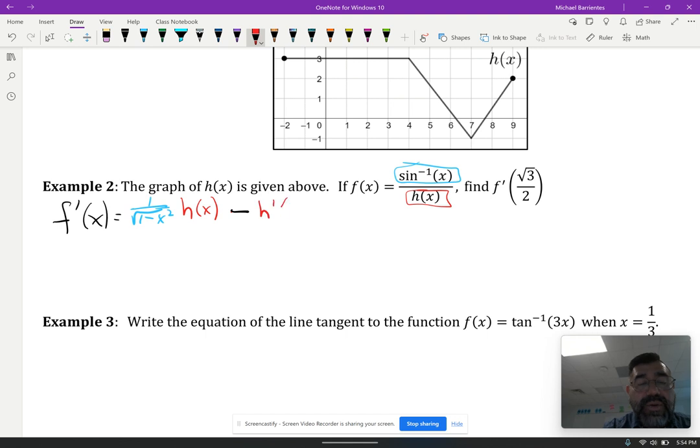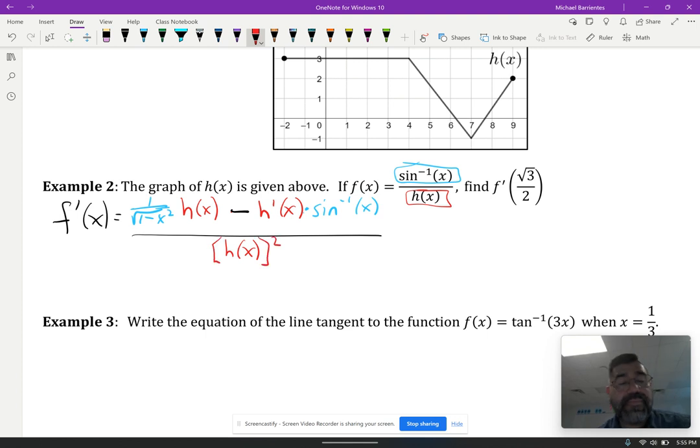By the way, I'm setting up a quotient rule because we're dividing, right? Times the top, which is sine inverse of x, all divided by h of x squared. So this is what we're supposed to figure out.